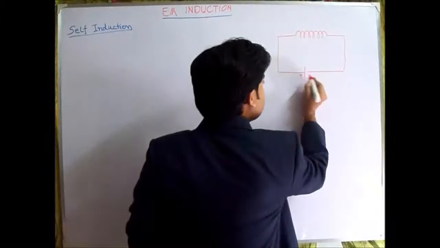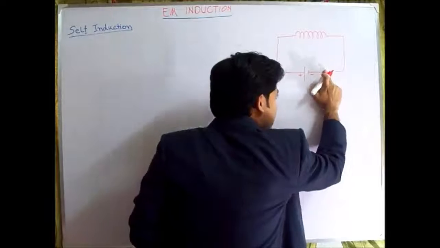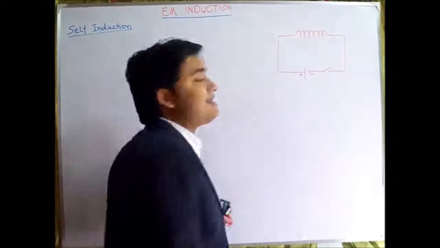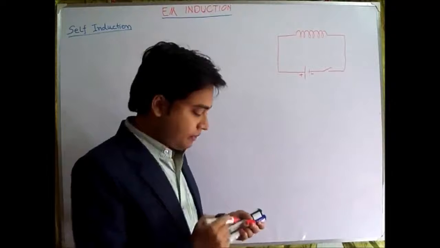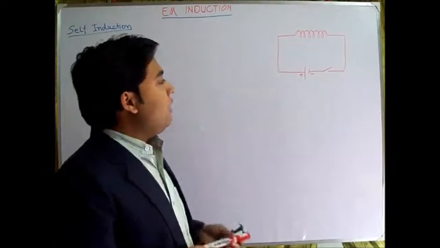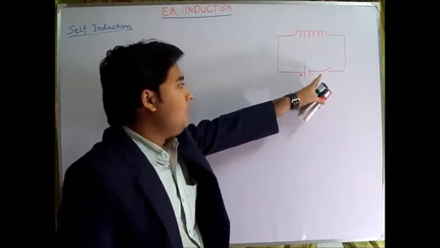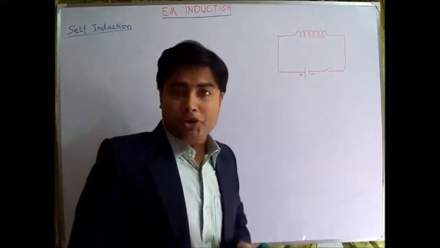This will be the positive side and this will be the negative side. Now if we place a key as such and join the key, then the circuit will be closed.